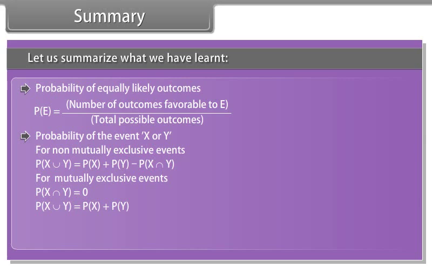For mutually exclusive events, P(X intersection Y) is equal to 0, so P(X union Y) is equal to P(X) plus P(Y). Probability of the event not X: P(X dash) is equal to P(not X) is equal to 1 minus P(X).